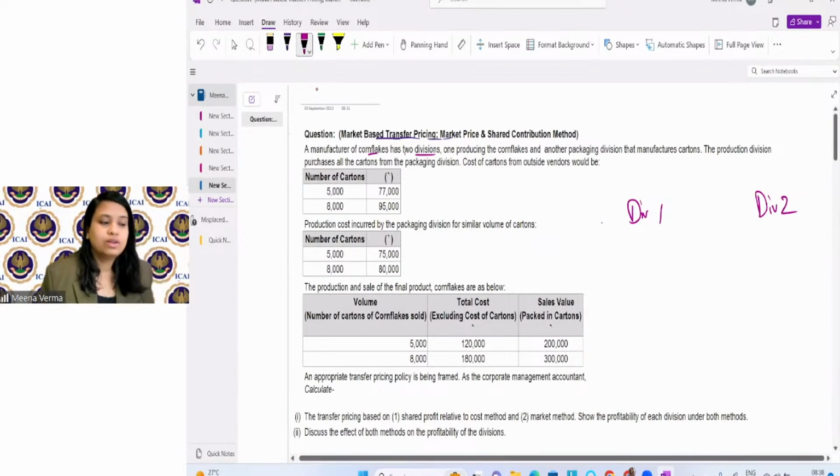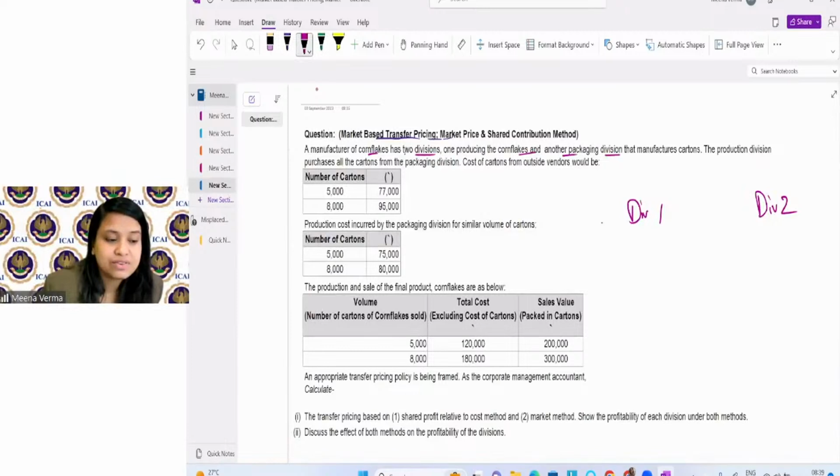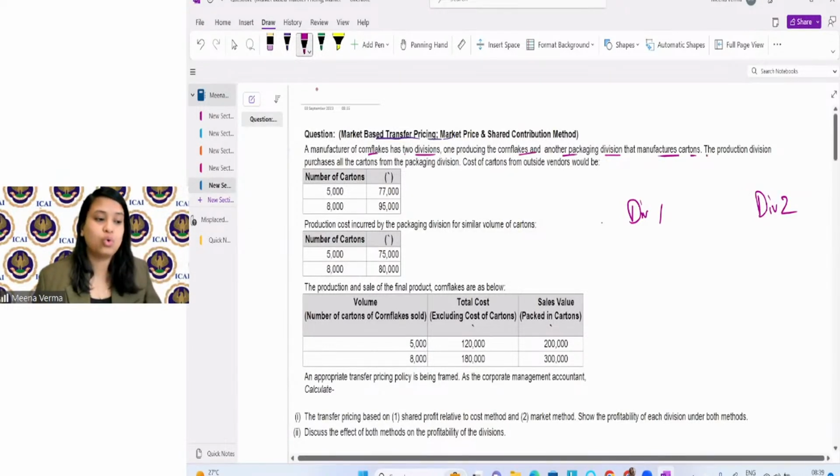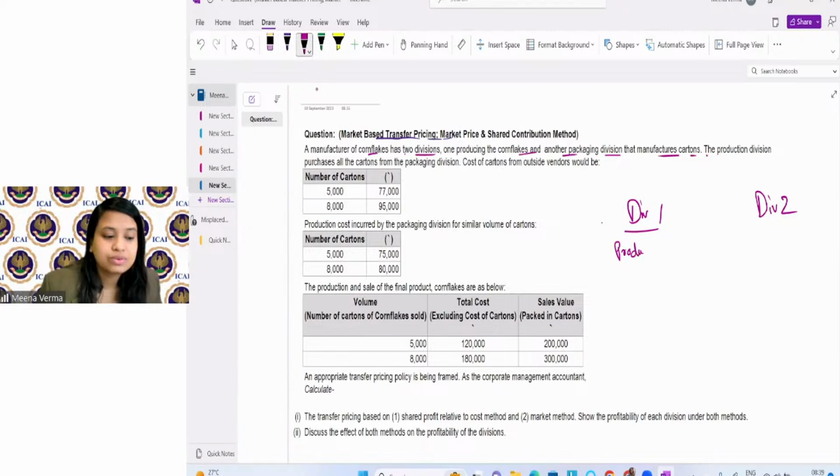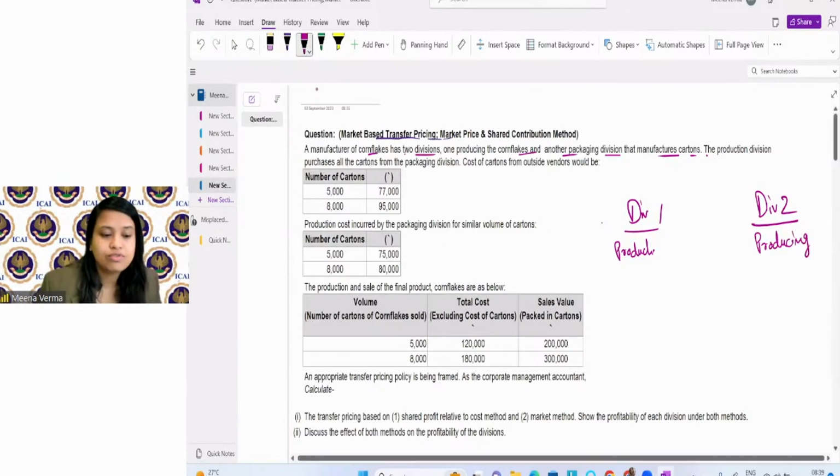One producing cornflakes and another packaging division that manufactures the cartons. So in one of the divisions, they are producing cornflakes.